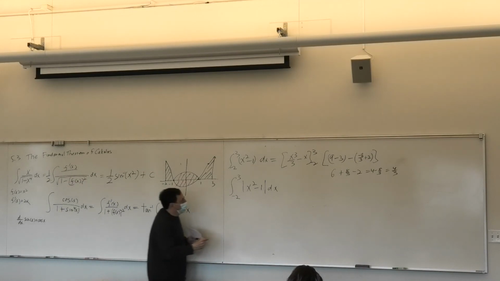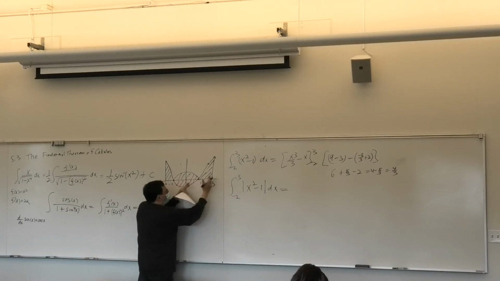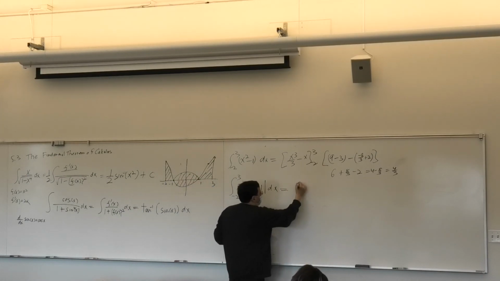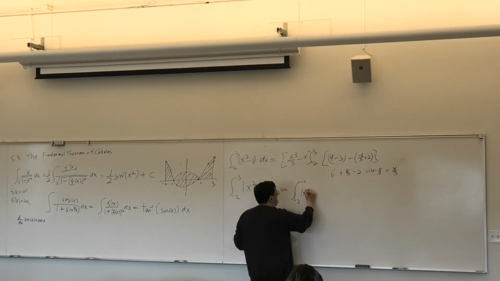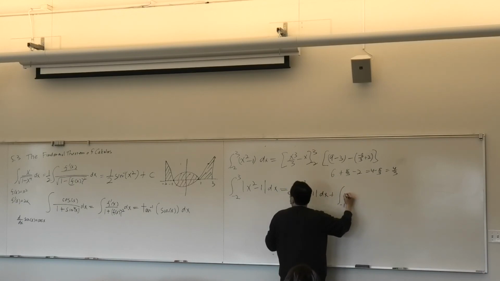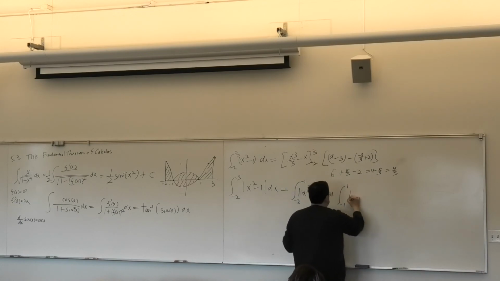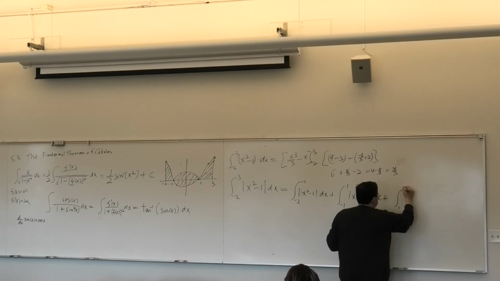So how do we do that? Well, we have to break this up into 3 pieces: -2 to -1, -1 to 1, and from 1 to 3.